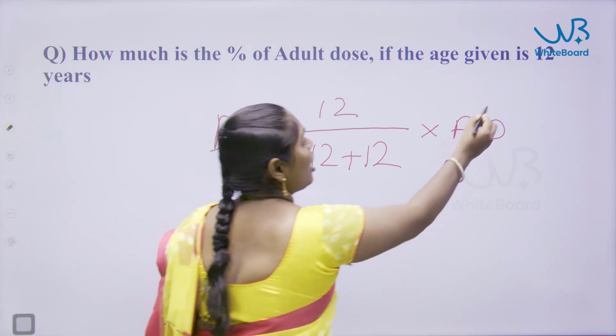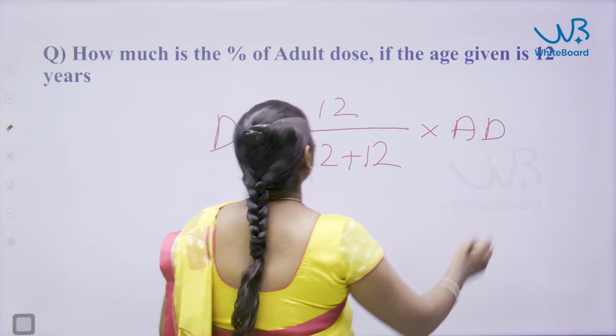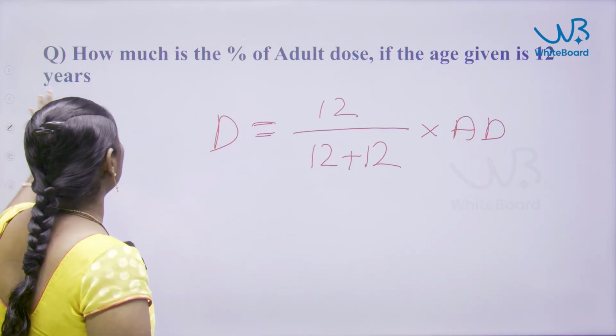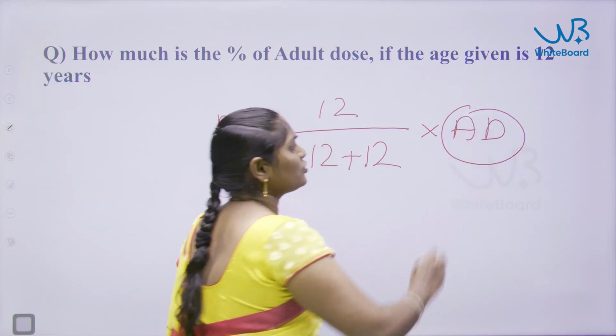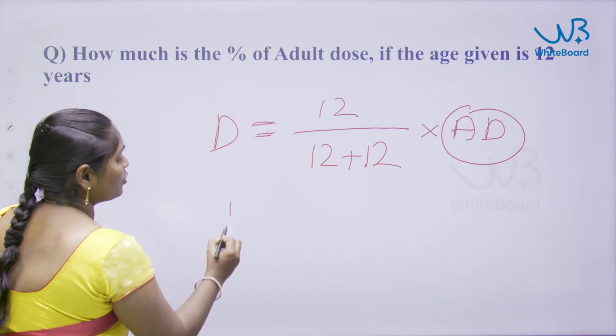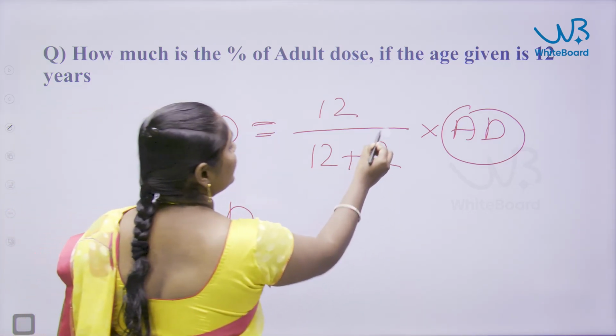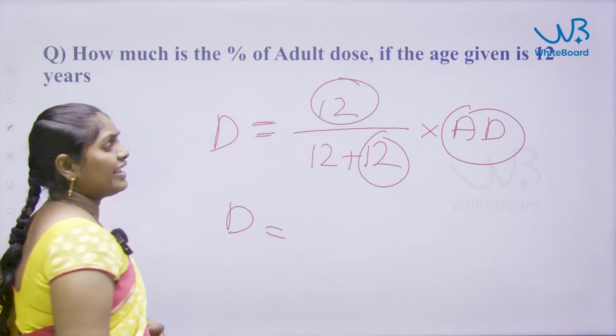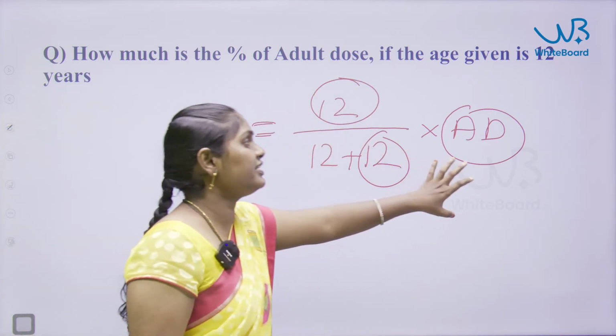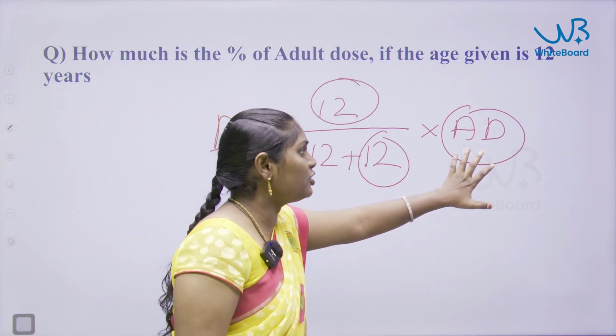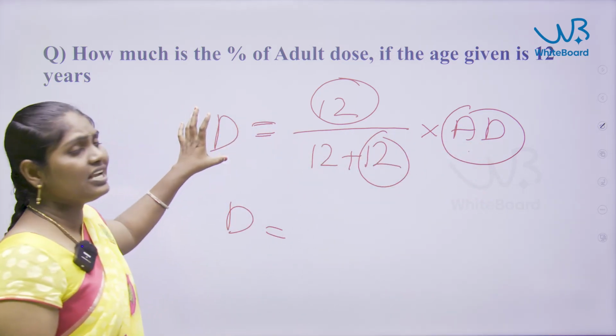They are asking how much is the percentage of adult dose that is required. They gave you only the age, 12. If the age is 12, then how much percentage of the adult dose is required for the child dose?